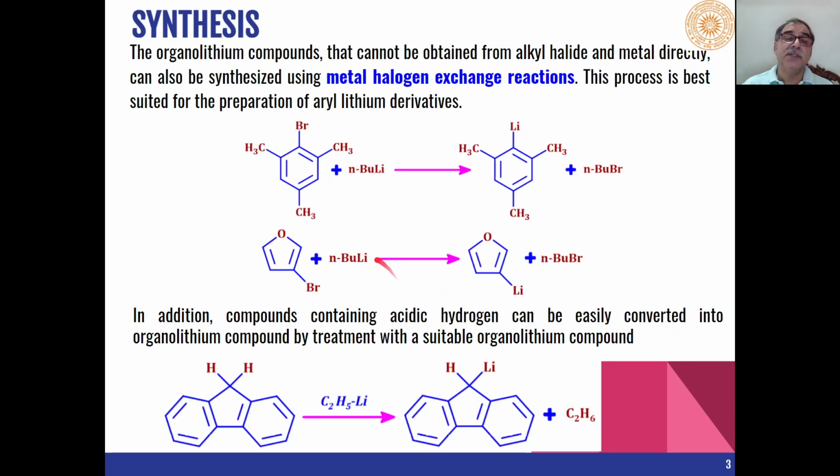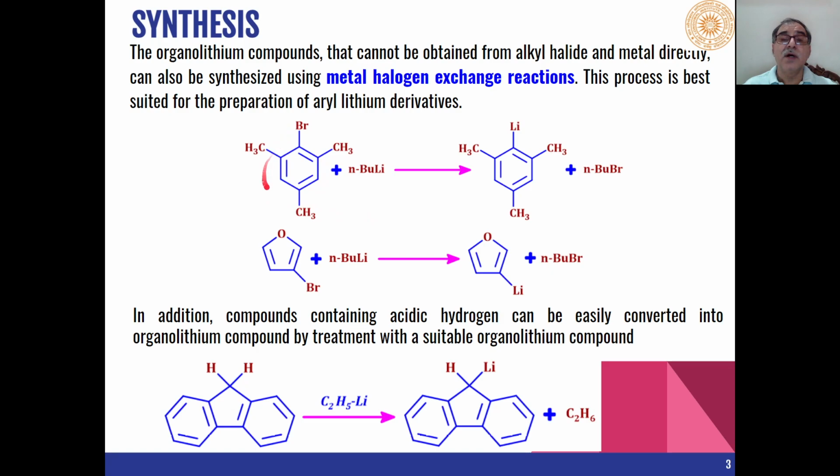Then there are some other methods also through which we can synthesize organolithium compounds. For example, we can synthesize these organolithium compounds by metal-halogen exchange reactions. So when n-butyl lithium or secondary butyl lithium or tertiary butyl lithium, or in fact normal, secondary or tertiary alkyl lithiums, are reacted with different types of halogen derivatives, they will undergo metal-halogen exchange reactions for the synthesis of alkyl lithiums.